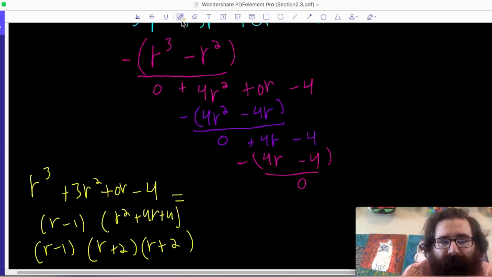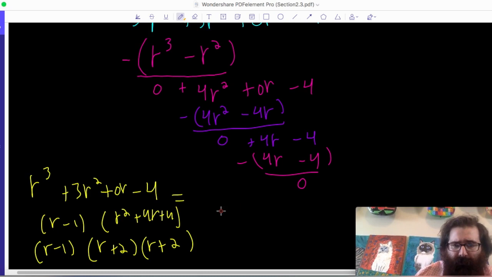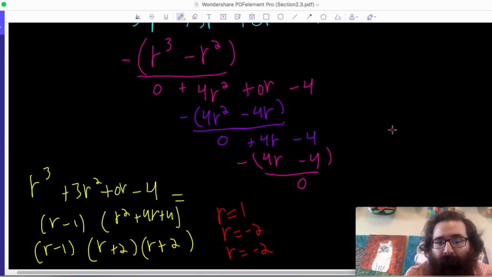I keep switching colors, but I want to make sure that all of this is clear in your notes. We have roots of r equals 1, r equals negative 2, r equals negative 2, which means that now we can write our general solutions. Let me use this space that I have left, since the division took up a lot of my space.